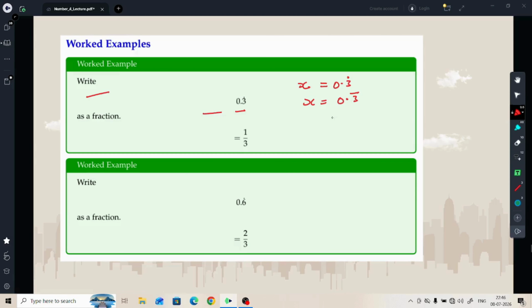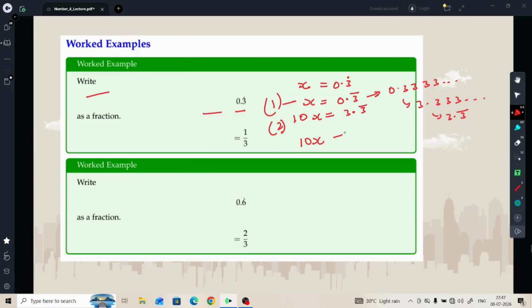The next step, I can multiply both sides by 10. So I'll be getting 10x equals 3.3 bar, because it was previously 0.33333 and so on. If you multiply by 10, you get 3.33333, that is basically 3.3 bar. Then I'll subtract the first equation from the second equation.